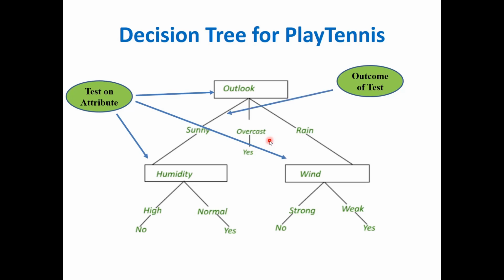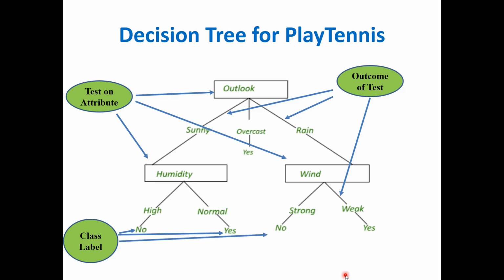What will be the outcome of this test? Sunny, overcast, these are the outcomes of the test. And what is the class label? The output, that is whether a player will play tennis or football or not. These leaves of this tree are the class labels that we need to understand, and these nodes are the attributes.